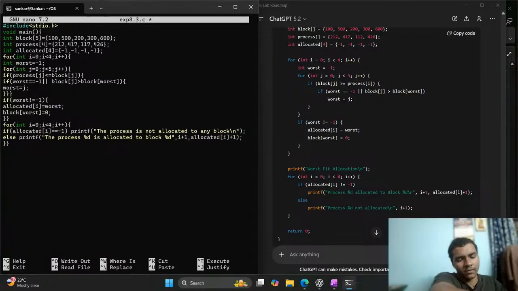If worst is not equal to -1, it means you found the worst, not actually allocating it.